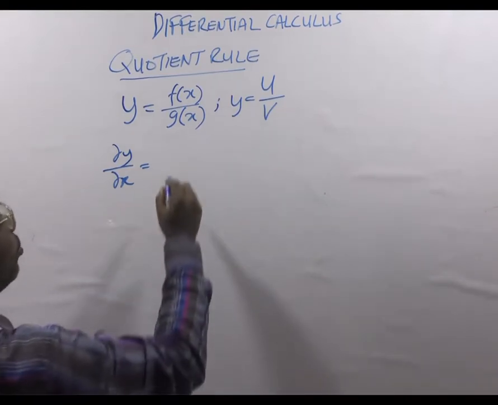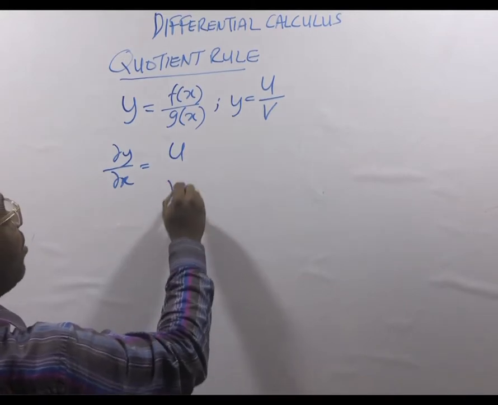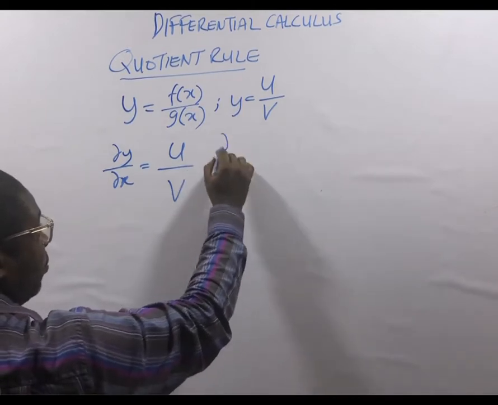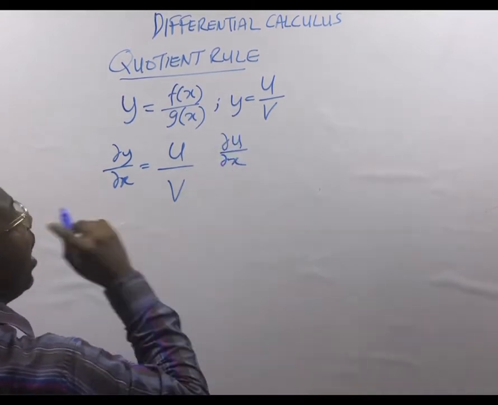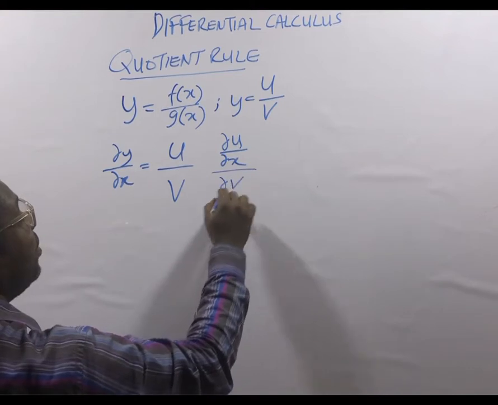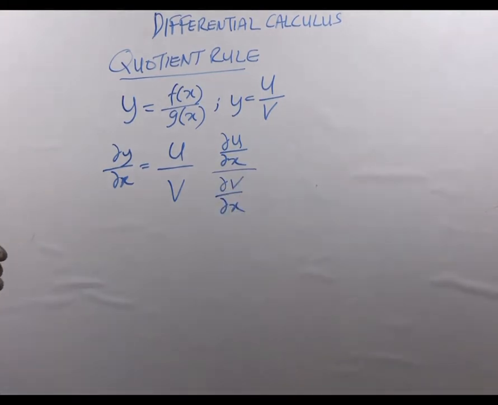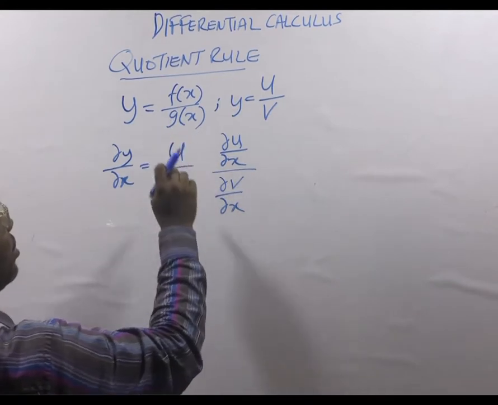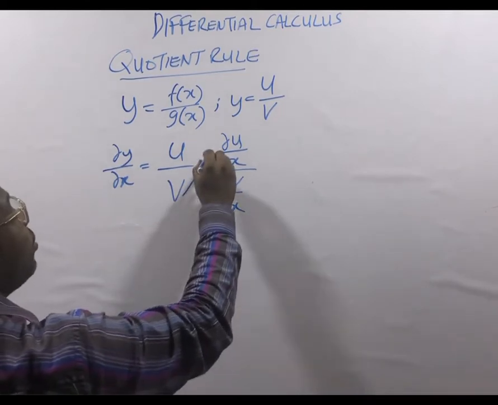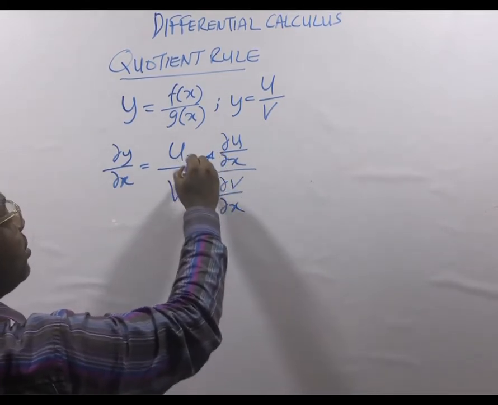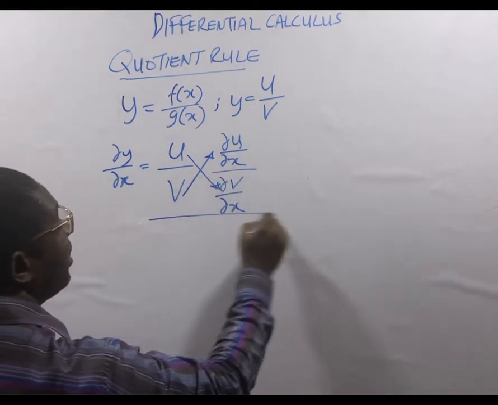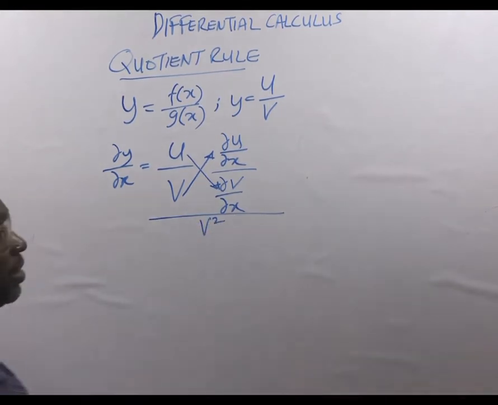I'm going to have u on this side, over v on this side, so that I'm going to find the derivative of the first function, which is du/dx, and find the derivative of the second function, which is dv/dx. After this is done, we will cross multiply. This will be cross multiplied against this, and this will be cross multiplied against this. Then everything will be divided by the square of the denominator.